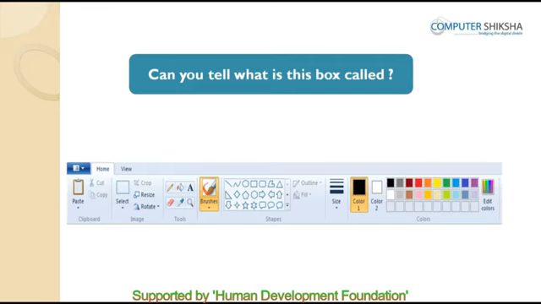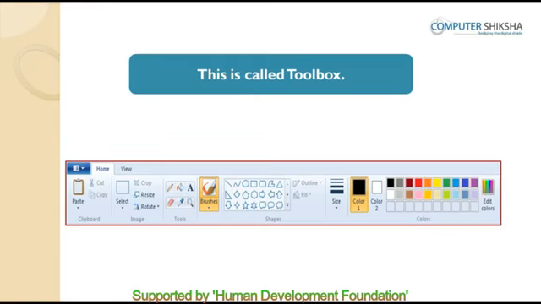Can you tell what this box is called? We call this the toolbox, and all the tools that you may need while drawing will be available in this toolbox. These include shapes, pencil, color, eraser, brush, and some more about which you will learn later.